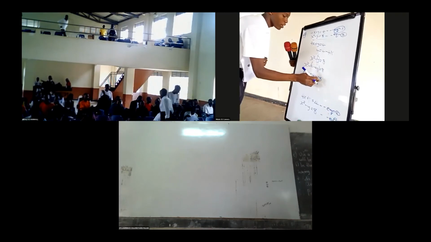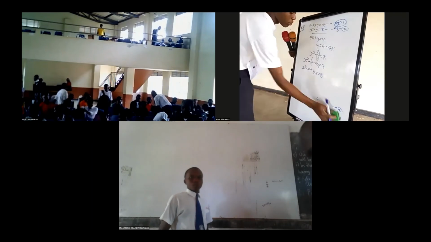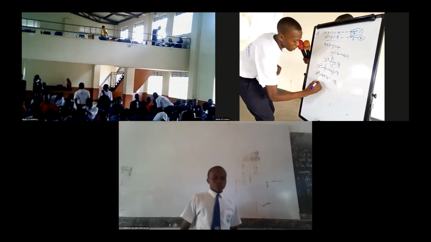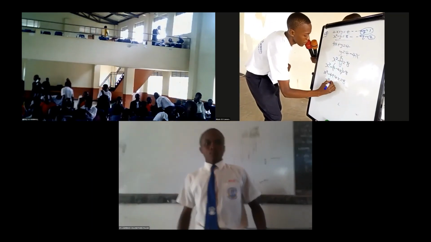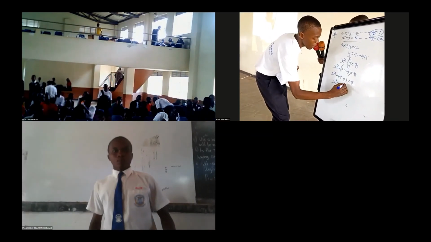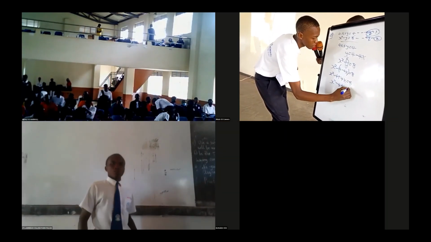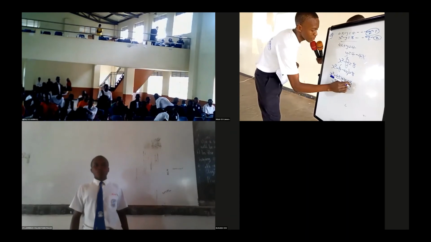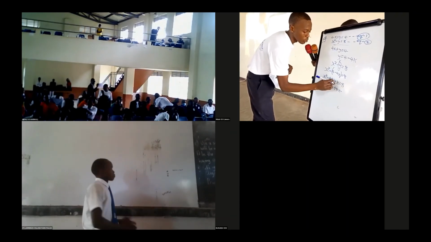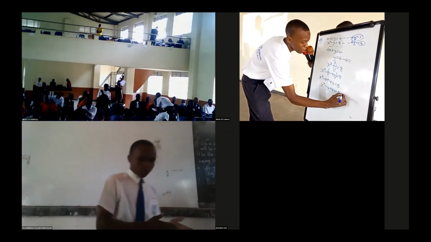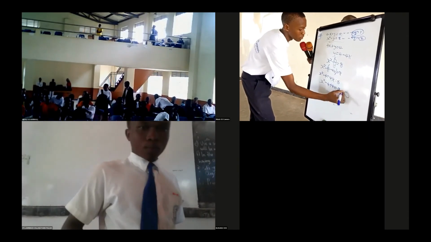So we need to transfer this 8 to this side, and we equate it to 0 so that we can solve it. Whereby we shall have x squared minus 4 plus 4x minus 8, with this 8, when it crosses this side, it will become a negative, being equivalent to 0.